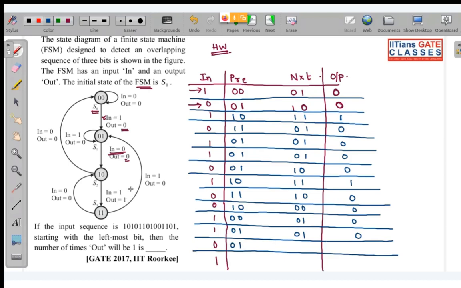So we are at 0, 1 and input is 0. So output is 0 and we move to 1, 0. So this is 1, 0 and over here input is 1. So output is also 1 and we go to 1, 1.